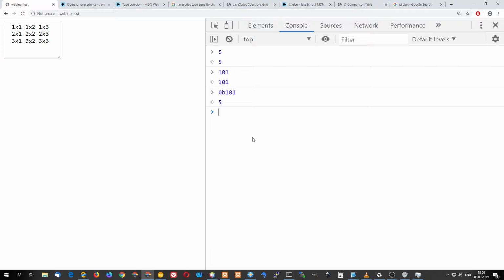It evaluates to 5. There's also a hexadecimal number, which evaluates to 257. There's also an octal, with 0o, or you have a regular decimal number. Those are special ways to type numbers, because they are all based on a power of 2.